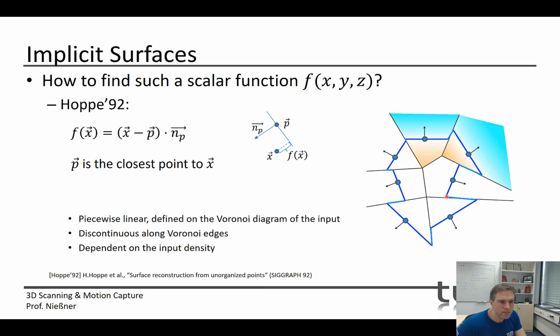So it's a piecewise linear defined on the Voronoi diagram of the input. Now, obvious issues, here we're going to have discontinuities on the surface, because suddenly here you would map to this point as the nearest point, then this plane here would define the surface. Right? I'm not introducing this as the best reconstruction method right now, but I'm saying it's one of the simplest methods to do it. It's very straightforward, right?